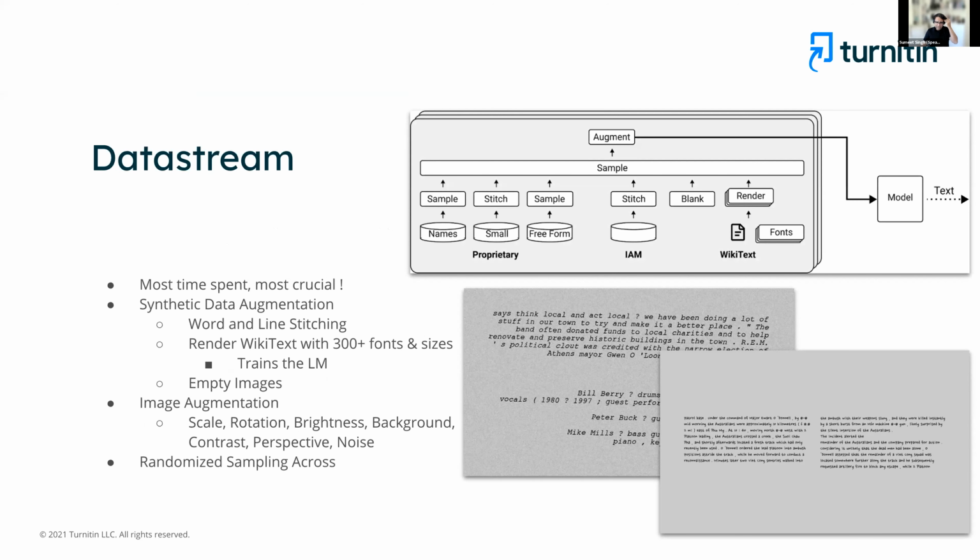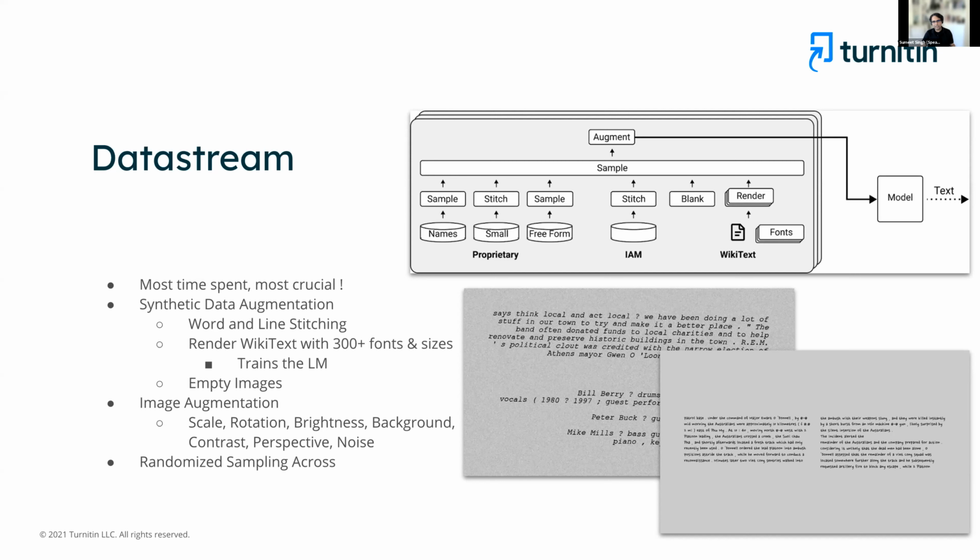A lot of the work that we did was on acquiring the data and on augmenting the data. That's where a lot of the time was spent, and also on applying augmentations and making sure that the training data was IID, so independent and identically distributed across as many dimensions as we could think of.